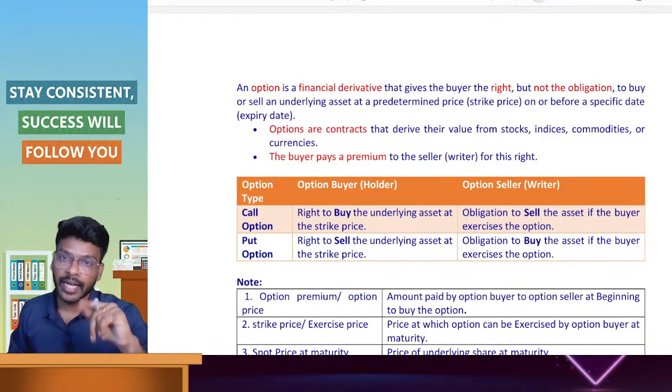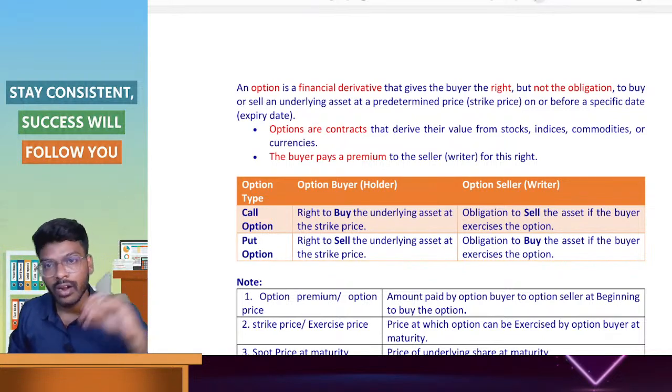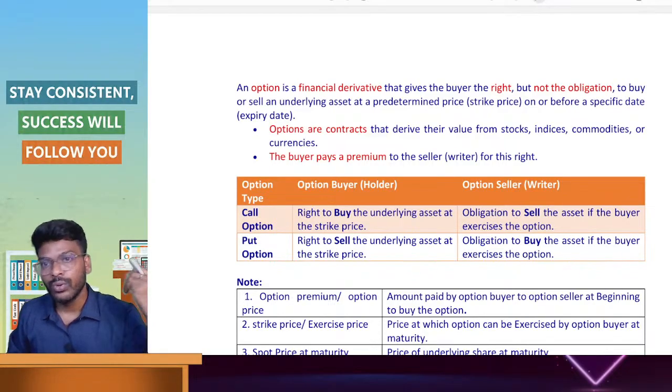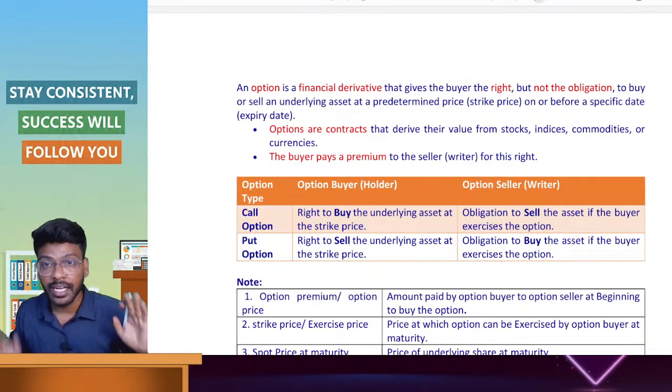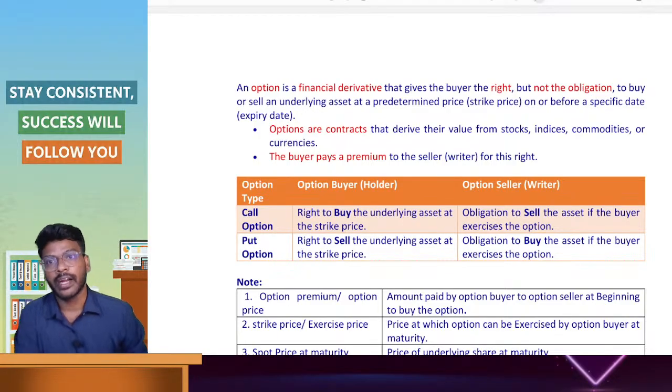Person having the right can exercise the option or not exercise the option. But person having the obligation doesn't have any right to cancel the contract or to execute the contract. Person having the right will have the ultimate right to reject or to accept the contract.